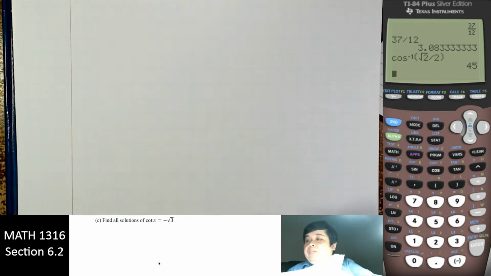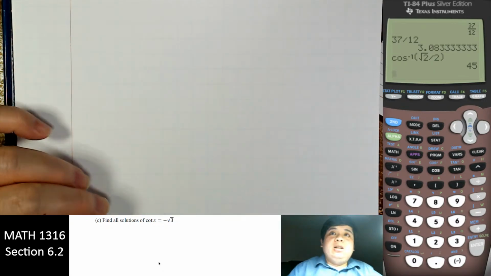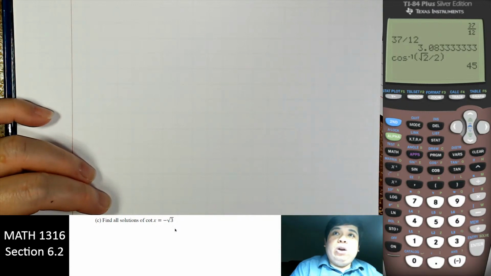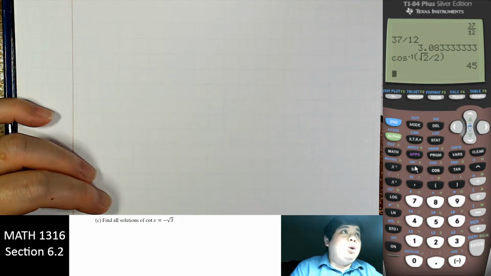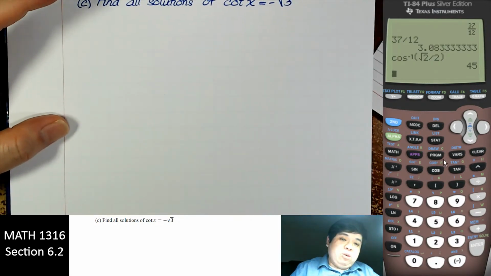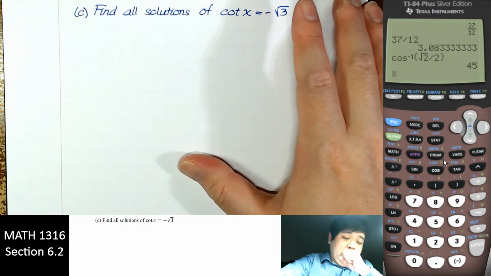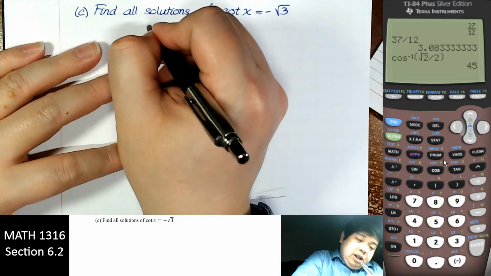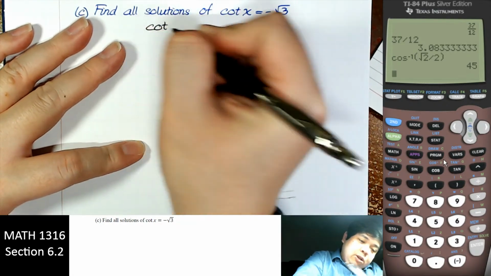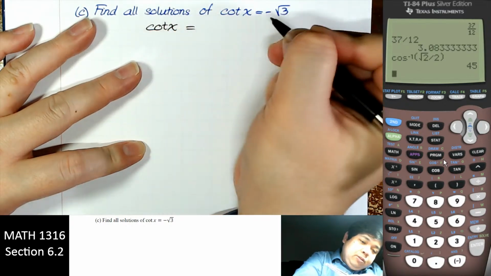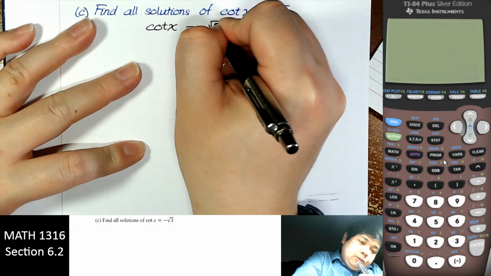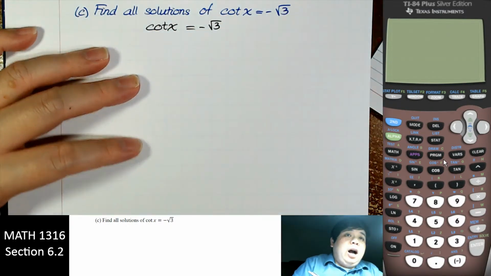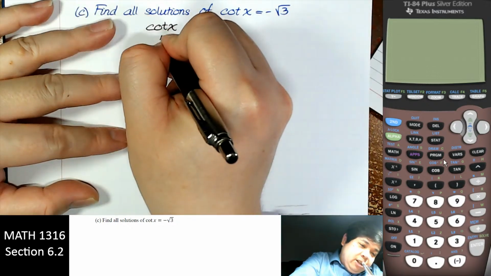Remember, on the calculator we only have sine inverse, cosine inverse, and tangent inverse. We don't have cotangent inverse on the calculator. So the way to deal with that is, first, cotangent equal to negative square root of 3. Cotangent is 1 over tangent.